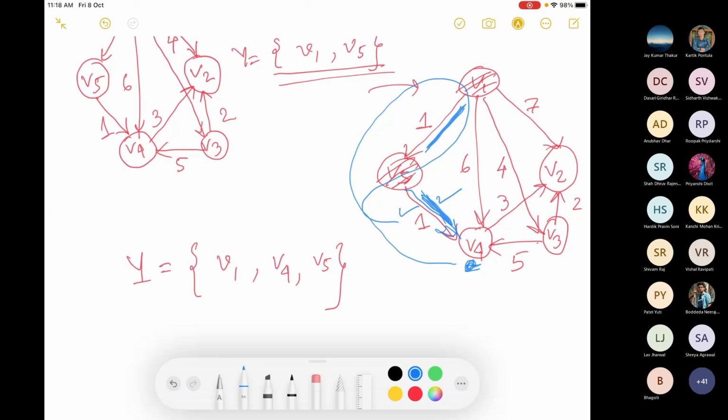So vertex V4, okay? What is F now? Before this, F is V1, V5. And now you are including V4 into Y. Which is the minimum weight edge that is touching V4 with F?